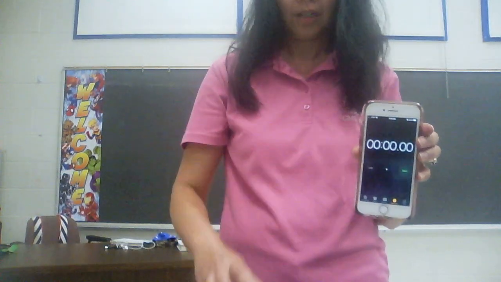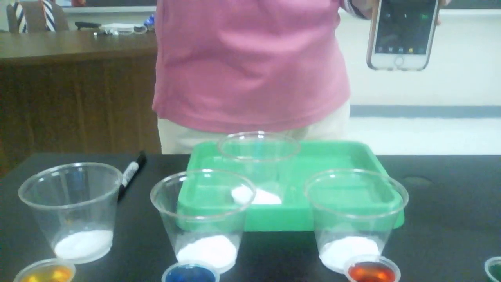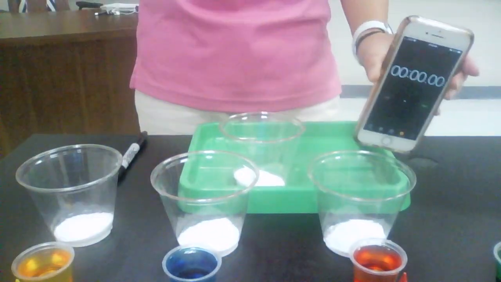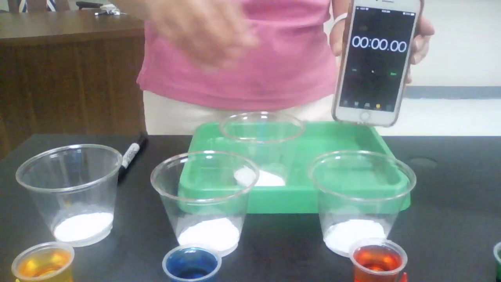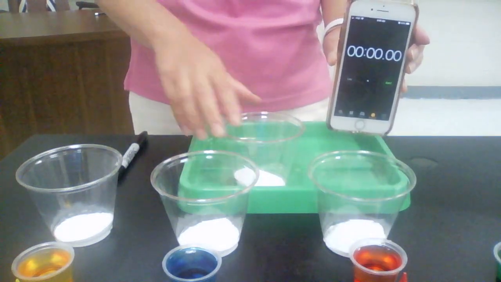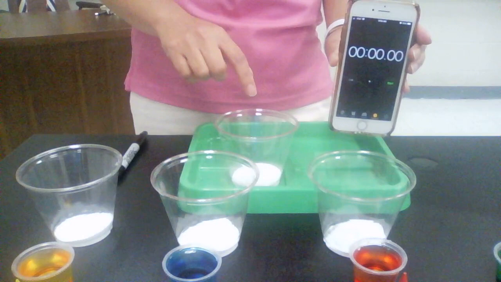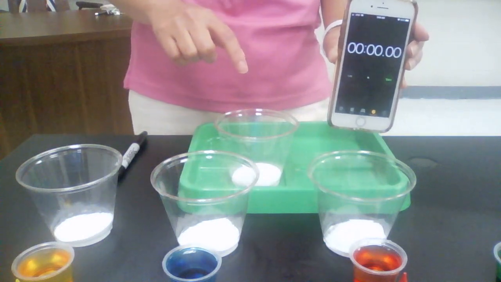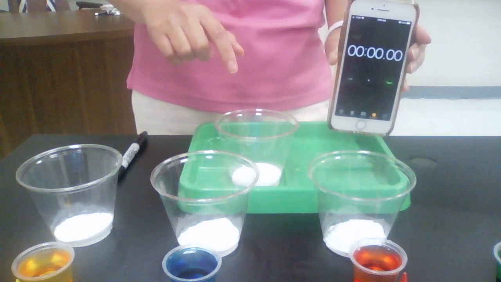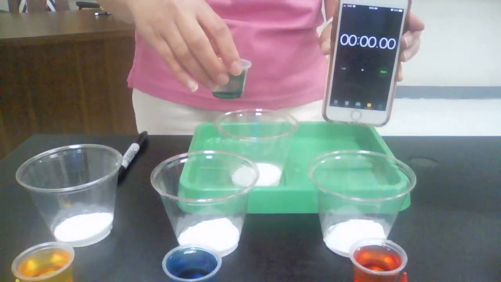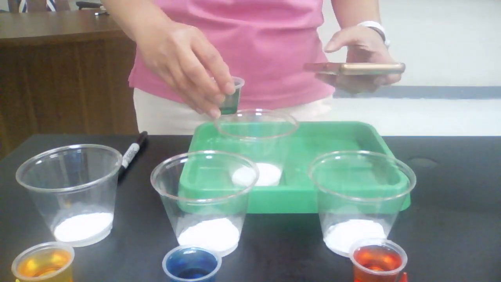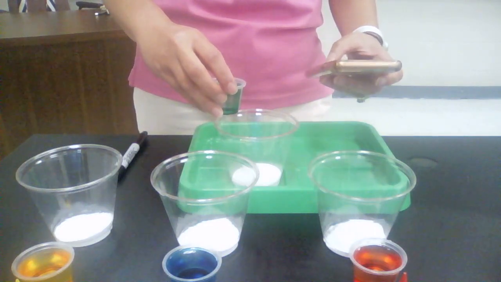I'm going to put one of my cups. Then I am going to pour the vinegar into the cup with the baking soda, and then I will set the timer and show you how long the reaction takes. I'm going to start off with the green. And as soon as I pour this, I'm going to start my timer.